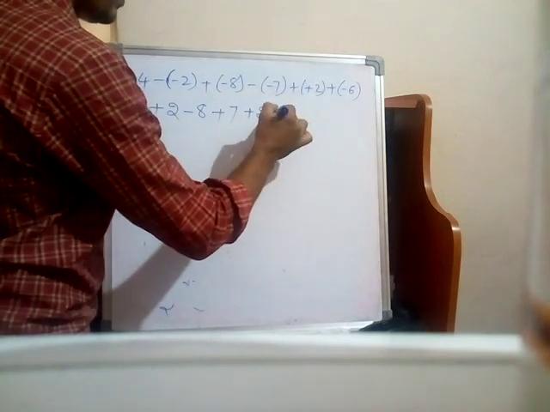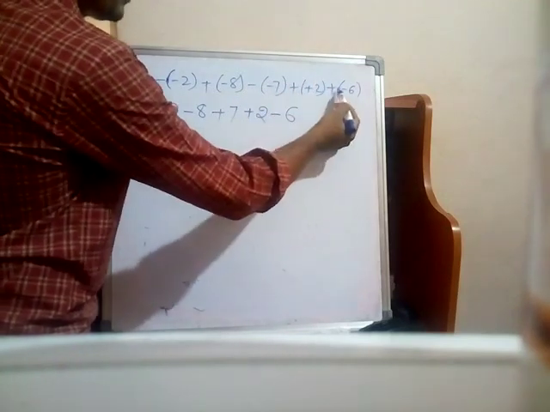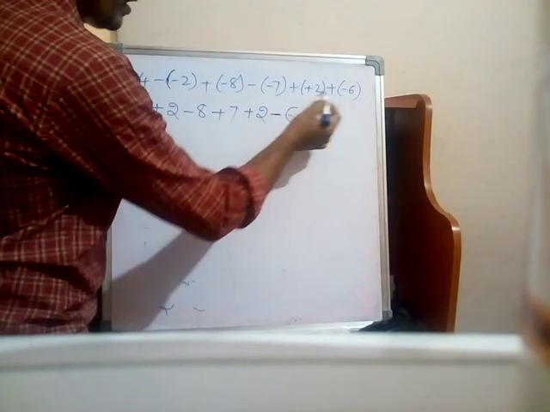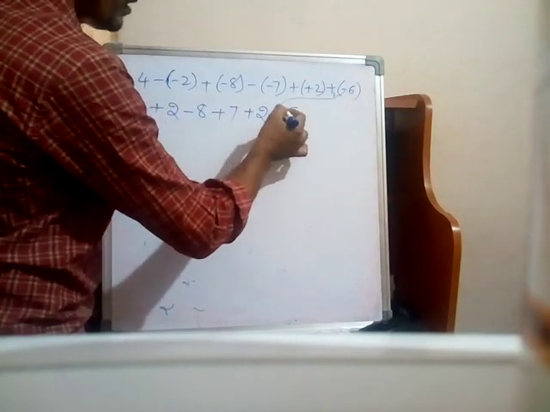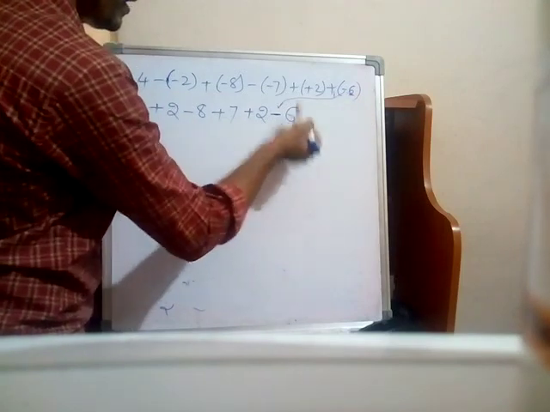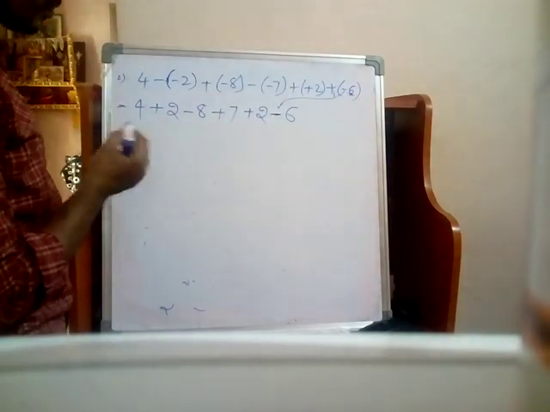Plus into minus, minus, what is the value? 6. Plus into minus we get minus. Here two symbols, we get only one symbol, that is minus. Here the value is 6. Now what are the positive numbers here?